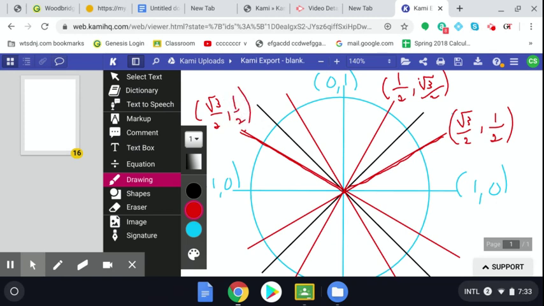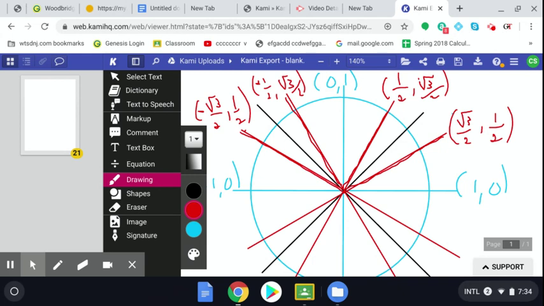You just have to adjust the sign. In the first quadrant, everything is positive. In the second quadrant, the x is going to be negative. So that's a negative. And then this one and this one are going to have the same measure if you look at the angle being formed with the x-axis. So 1/2, radical 3/2, and what is going to be negative is the x. So that's how I figured it out.